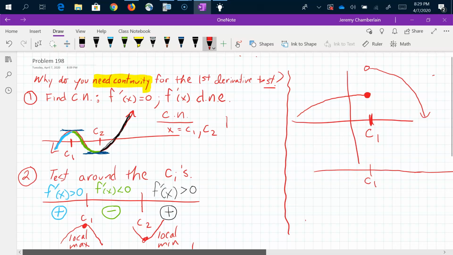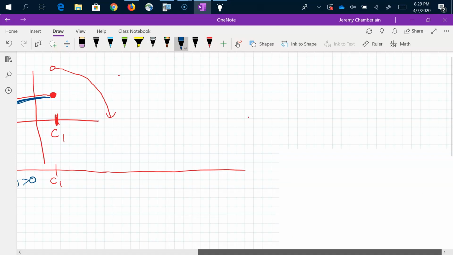And on this side here, the function is increasing, increasing, increasing. So the derivative must be positive here. So here f prime of x is bigger than 0, so it's positive.